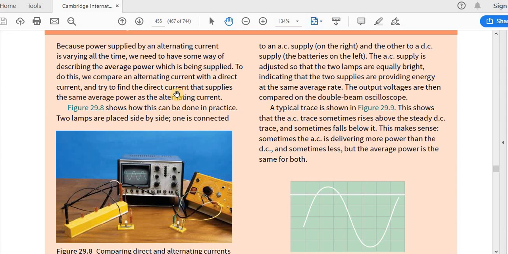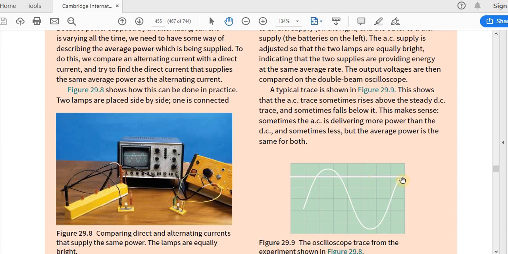To do this, we compare an alternating current with a direct current. Here this line is a straight line and it is horizontal, so that means the current is not varying. Here the current is alternating.